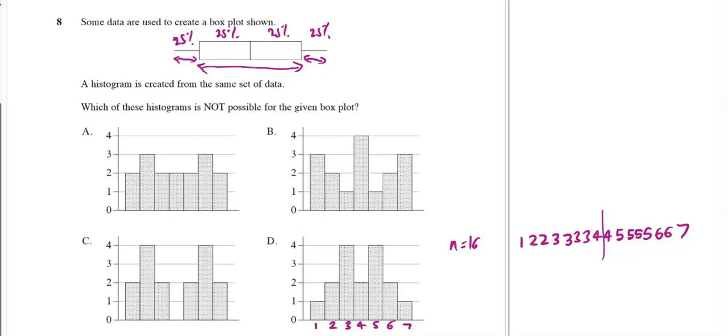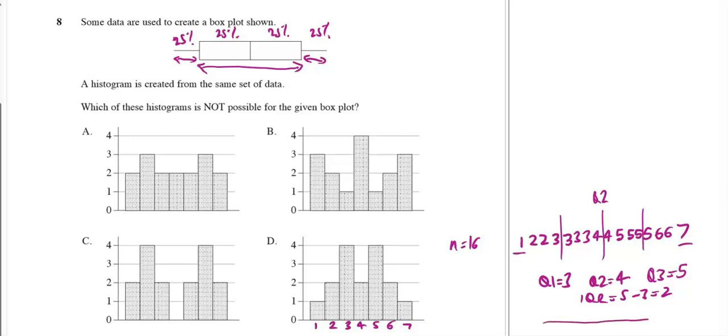So I can see that Q2 would be at 4 and Q1 would be at 3 and Q3 would be 5. So the IQR would be 5 minus 3, which is 2, with a min of 1 and a max of 7.